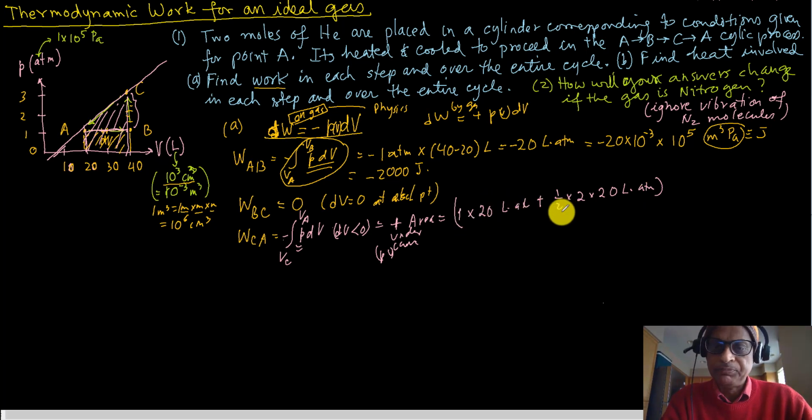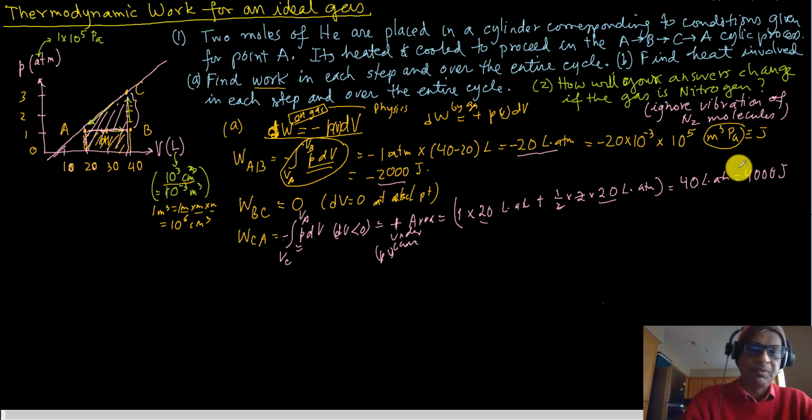This is exactly the same amount. So this is 40 liter atmosphere, and since 20 liter atmosphere gave 2000 joules, this will be 4000 joules.